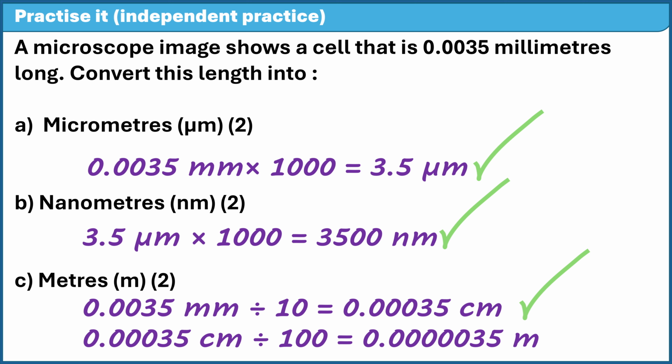And then finally to convert those centimeters into meters. Because there are 100 centimeters in a meter, we divide our answer by 100 this time, and that gives us a final answer of 0.0000035 meters. I hope that you got those correct. If there's anything that you want to be reviewed again, feel free to rewind the video.